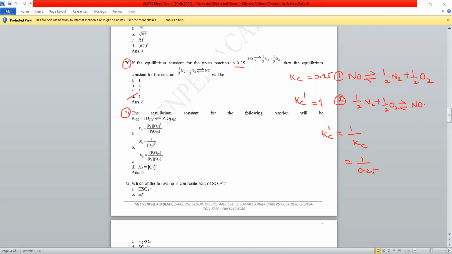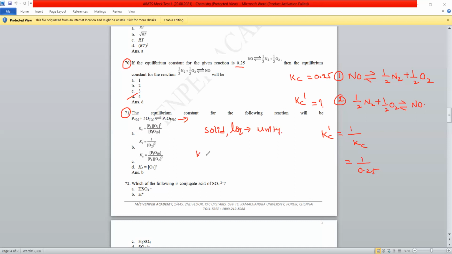The equilibrium constant for the following reaction: P4 in solid state and 5O2 in gaseous phase in equilibrium with P4O10 in solid state. They are asking for Kc. This is a heterogeneous equilibrium, and for solids and liquids the concentration should be considered as unity. So we have only the gases.